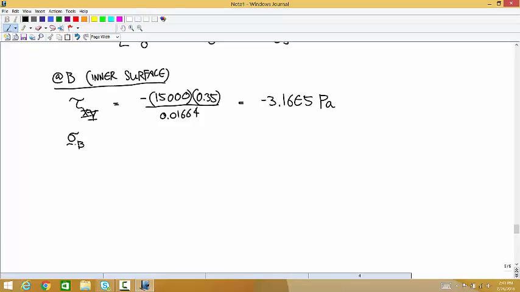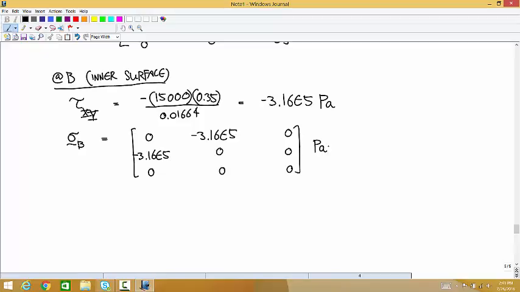So the stress tensor at B is 0, negative 3.16 times 10 to the 5th, 0, negative 3.16 times 10 to the 5th. So the answers using the circular cross-section bracket the answer that we got using the thin-walled approximation.